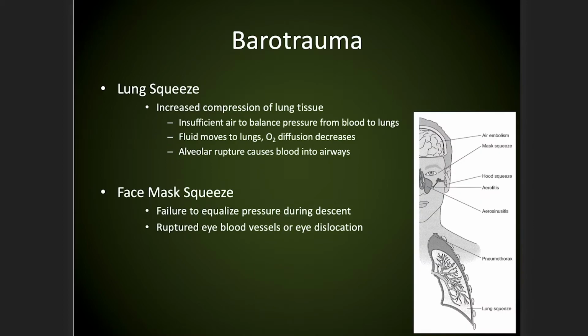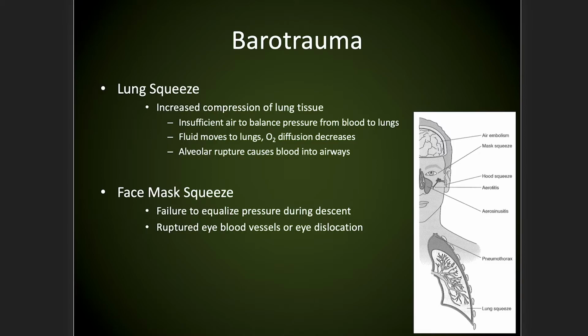There's also a lung squeeze, so the increase in compression of the lung tissue. So there's this imbalance between the blood and the capillaries surrounding the lungs and the lungs themselves. So the fluid moves to the lungs and the oxygen diffusion is decreased. That oxygen diffusion is very important so that we can get the oxygen into the blood from the lungs, and that decreases.